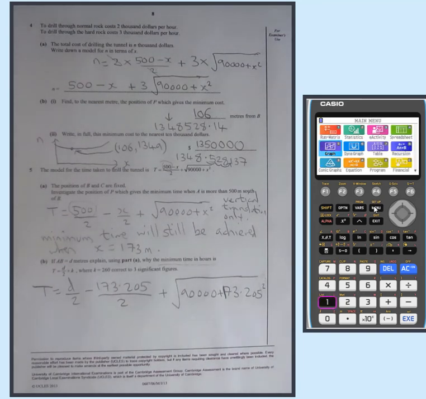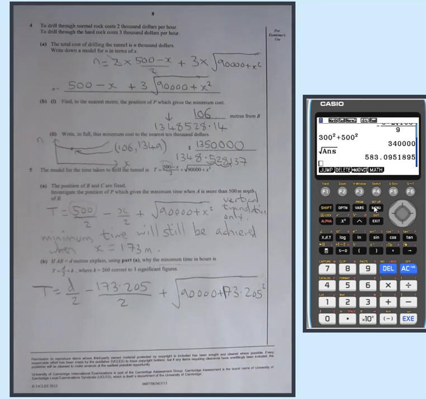So if we go to the main bit of the calculator: minus 173.205 over 2, plus the square root of 90,000 plus 173.205 squared.